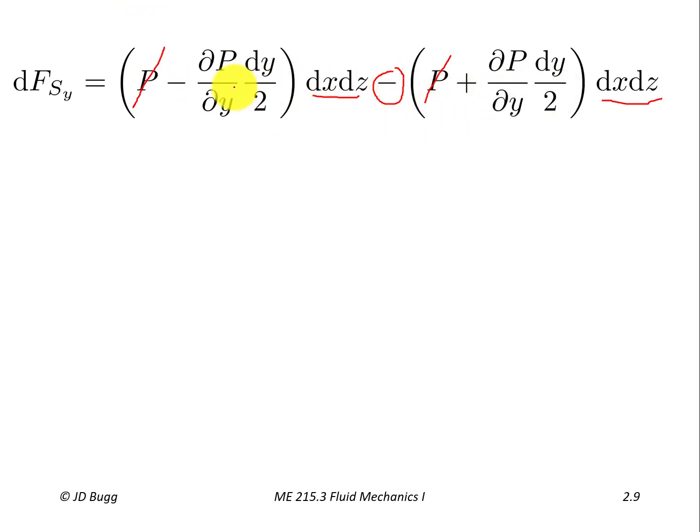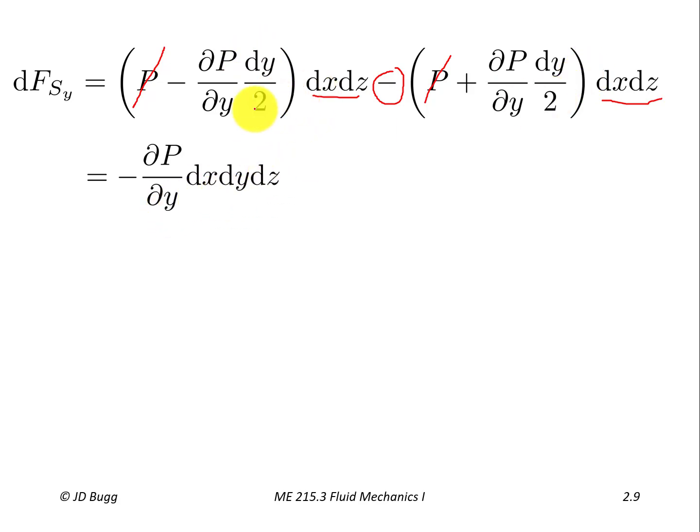The other thing we notice is we have minus partial p partial y times dy over 2 here, and we also have minus the same quantity here. So when we combine these together, they just become minus partial p partial y times dx dy dz. Notice the dy is here, and half times a half becomes 1.